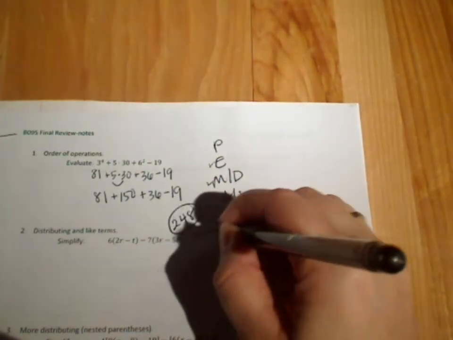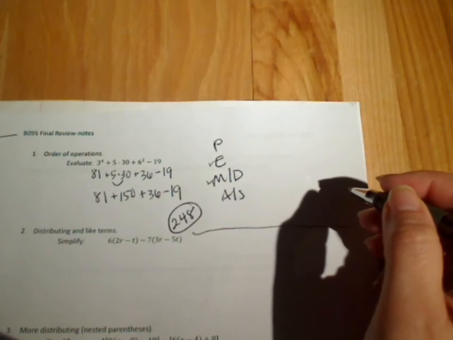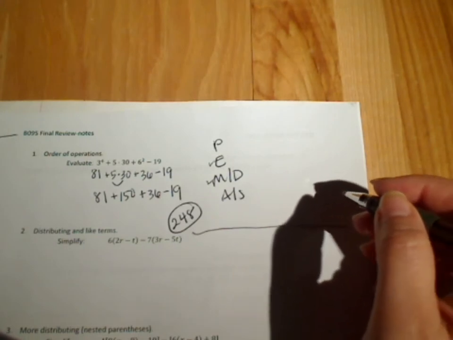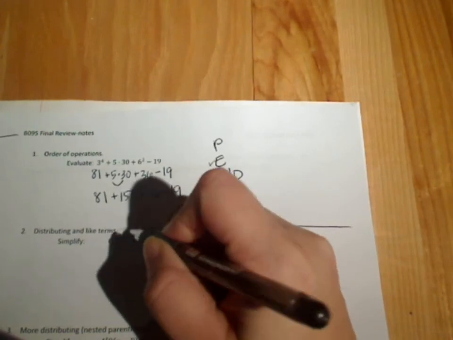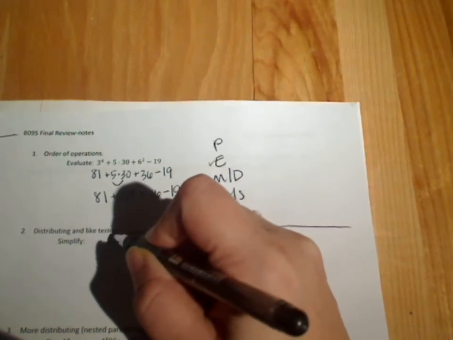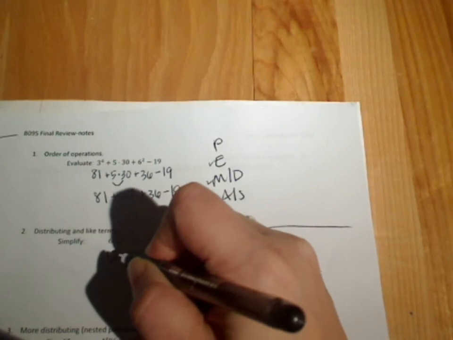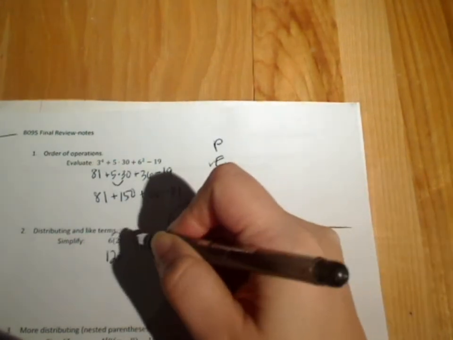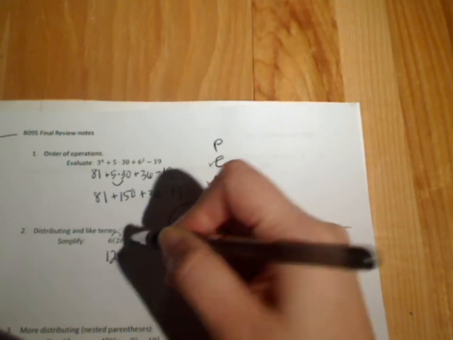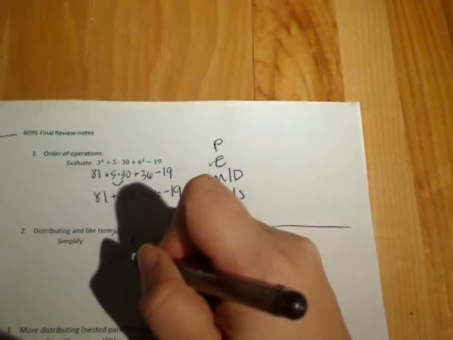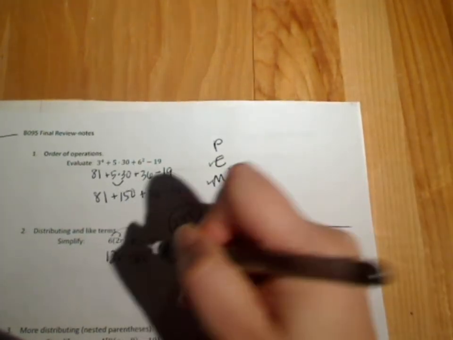Alright, on number 2, you have some distributing and like terms to combine. So I'm going to distribute the 6 to these and make sure you multiply. 6 times 2r is 12r. And there's a 1 here, so 6 times negative 1 is negative 6t.